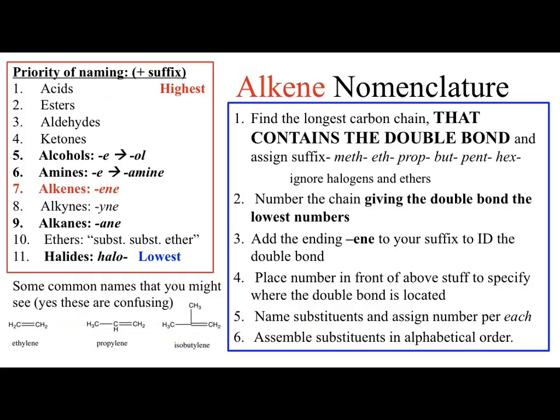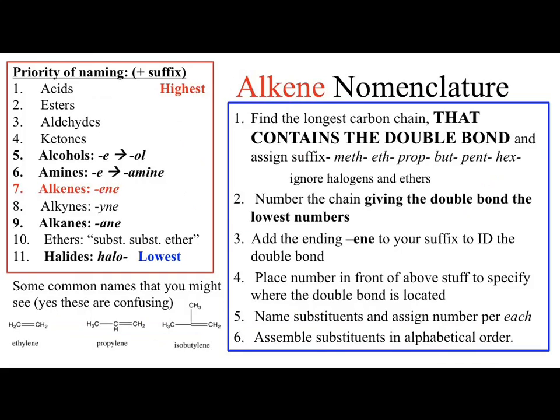Okay? So we want to find the longest carbon chain that contains the double bond. Why do we want the longest carbon chain that contains the double bond? What's that? Kind of. What's in red? It says priorities. Okay, so the functional groups you know, we've got alkenes, alkanes, and alkyl halides.